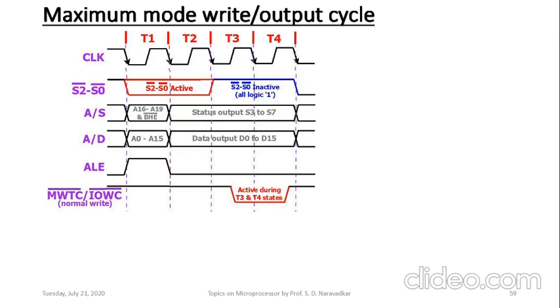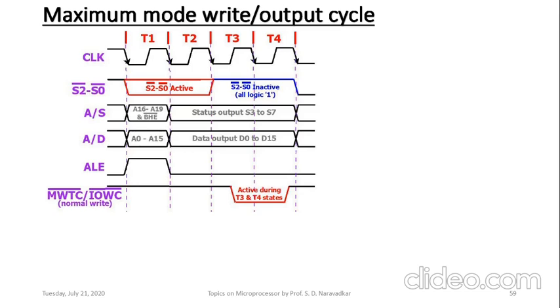One specific control signal can be shown if my question is very specific, maximum mode memory write cycle. In that case, MWTC bar is to be shown. Timing cycle will remain one and the same. This is for normal write.